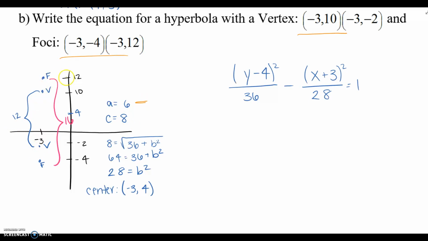And then I found the difference between my foci of 16, and I know that's going to give me c. So then algebraically I can solve for b squared. And then for my center, I can either use my foci or my vertices, it doesn't matter, to do some subtraction to get my center at negative 3, 4, and then substitute everything in. And that's it.